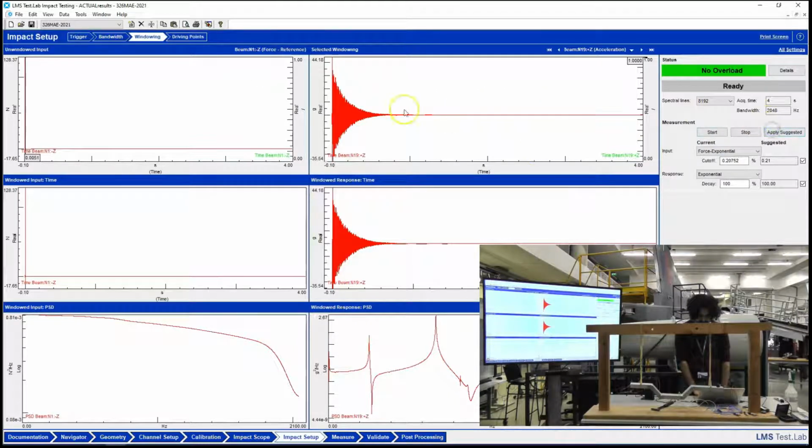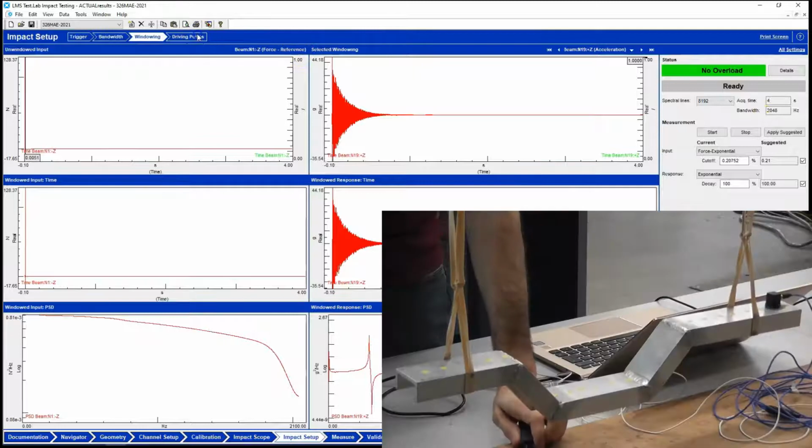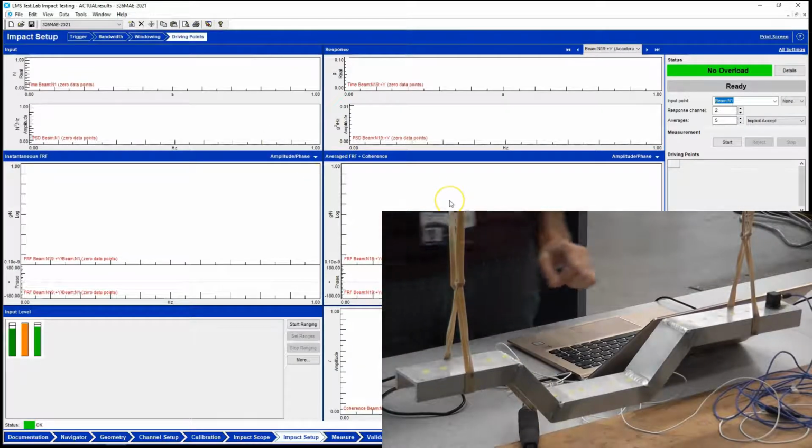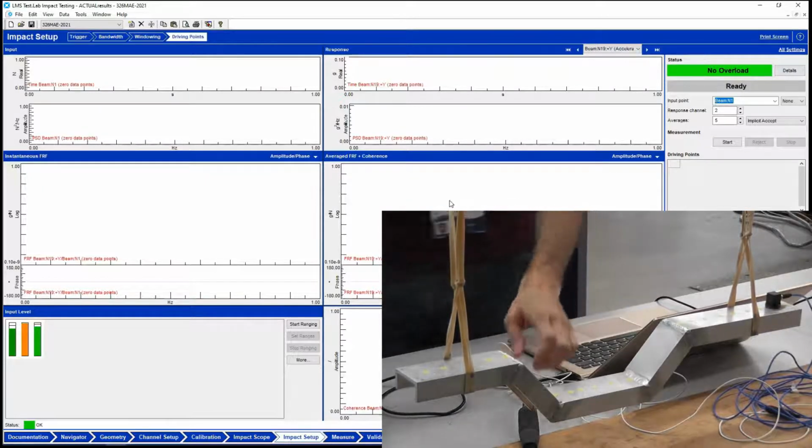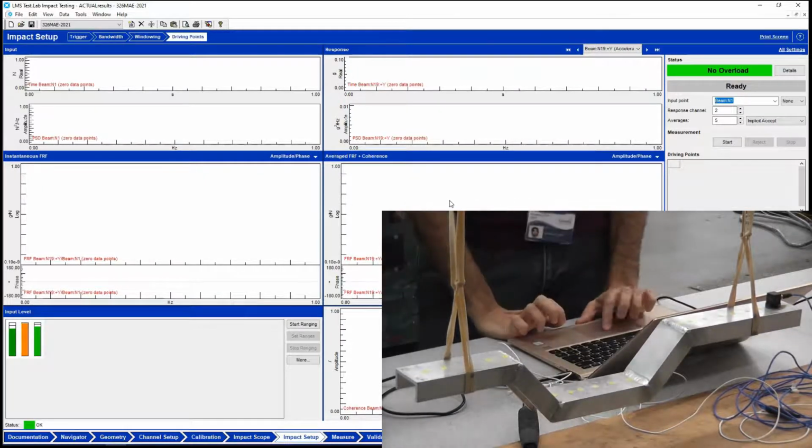Now, the last thing is to test the driving point. The driving point is a very important point of the structure. It is the point where we are measuring. So point 19: if I strike on point 19, the accelerometer is recording what happens if we strike where we measure.